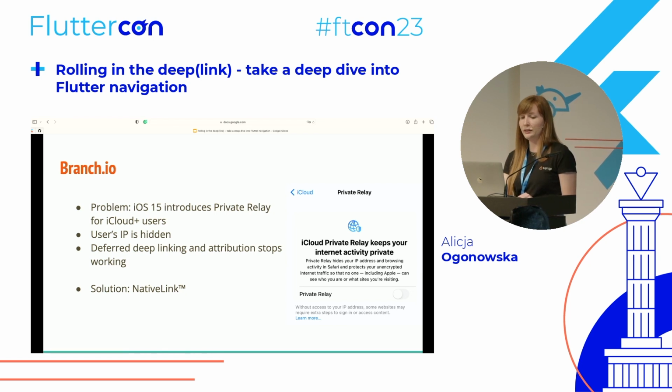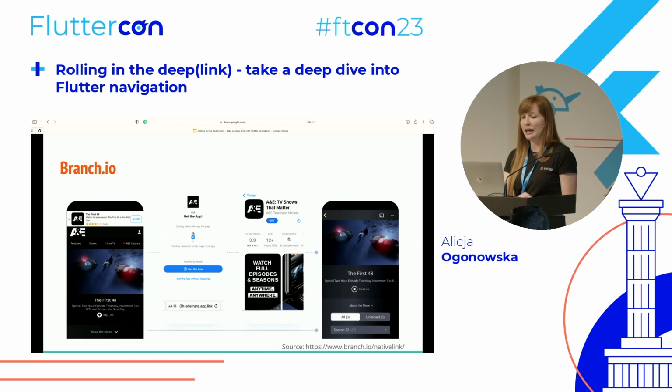And Branch.io came with a solution called Native Link. It's as simple as using the iOS native clipboard. When the user clicks on their deferred deep link, they are asked to allow usage of the clipboard. Then when they install the app, you can check using the Branch.io SDK if there is a link awaiting you in the clipboard.